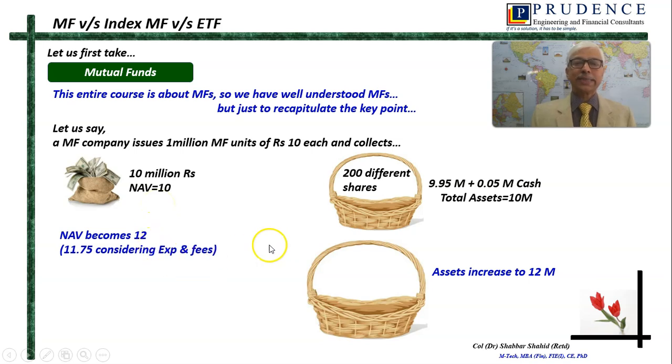So theoretically that should become 12, a 20% increase. But it may not happen like that. It may become only, let us say, 11.75. Why? Because the mutual funds are not doing any social work. It is a business, a profession, so they will be taking their expenses and fees. So your value actually becomes 11.75 instead of 12 approximately.